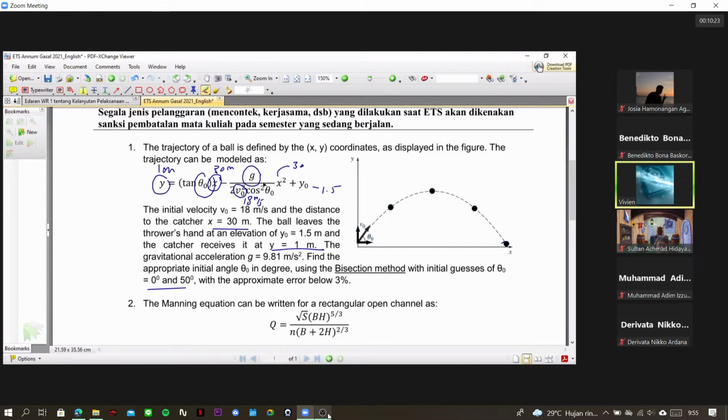So what we can do is rearrange the equation so that it becomes a problem of finding the roots of an equation. That means we have to make one side 0. So we move that to the right side so that we have 0 equals tangent theta 0 times x, minus g divided by 2 v0 squared cos squared theta 0 times x squared, plus y0, and y is moved to the right hand side so that we have minus y.